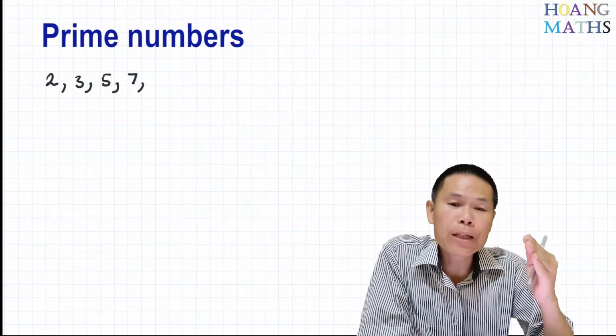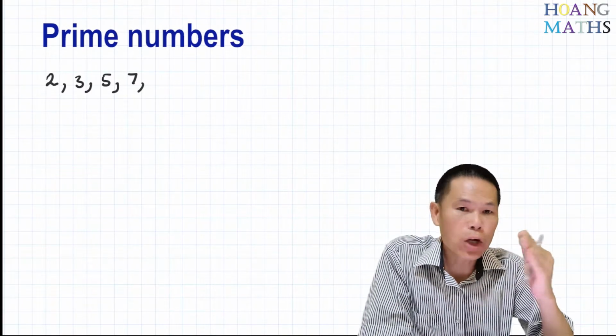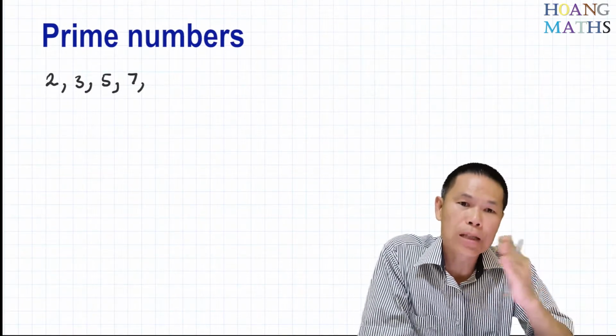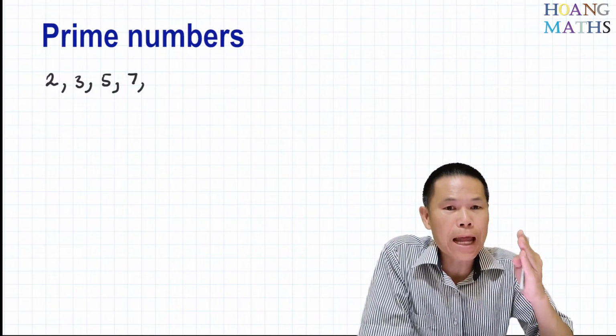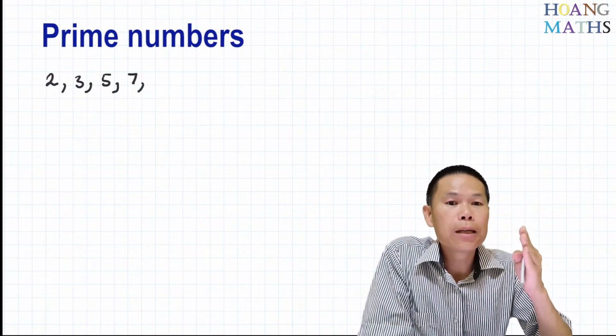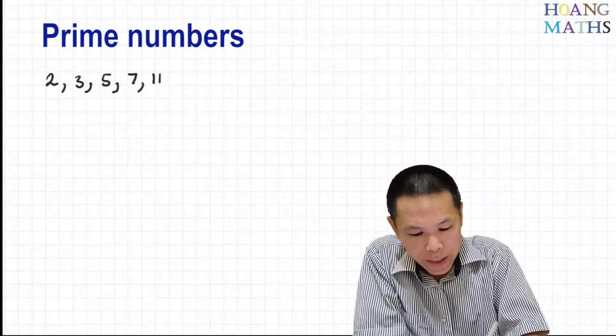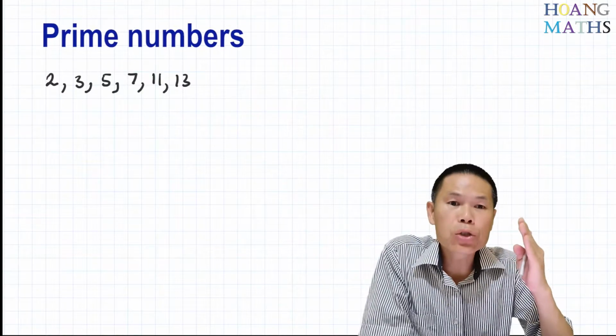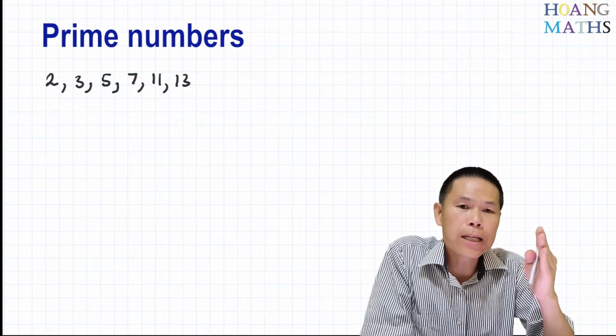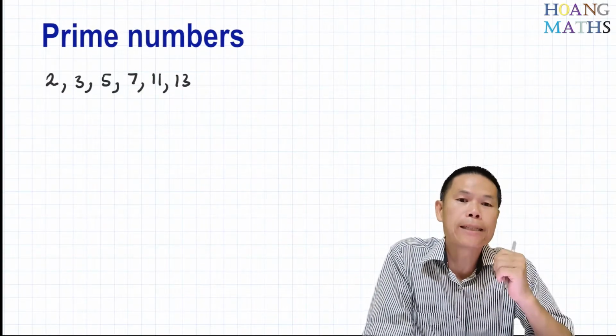And after 7 is not 9, because 9 is divisible by 3. So the prime number after 7 is 11. That is correct. And followed by 13, because 13 cannot be divided by any number except 1 and itself.